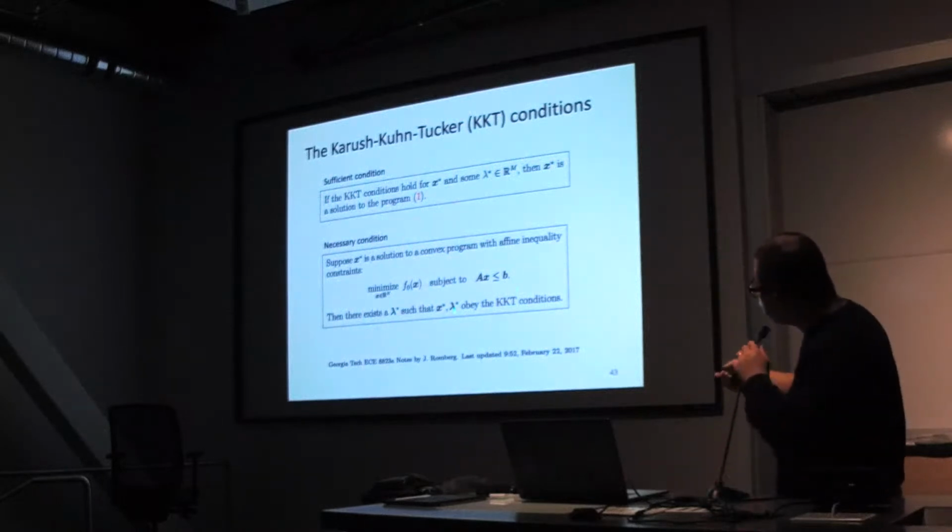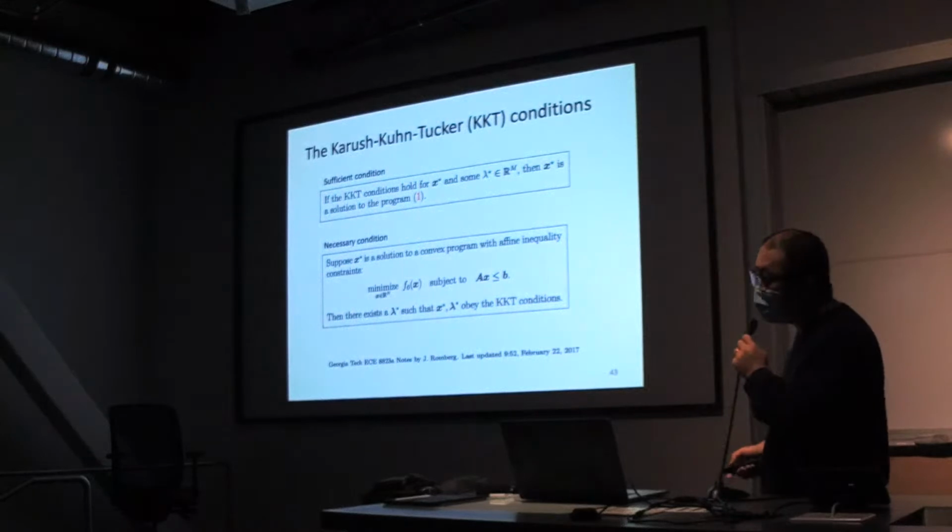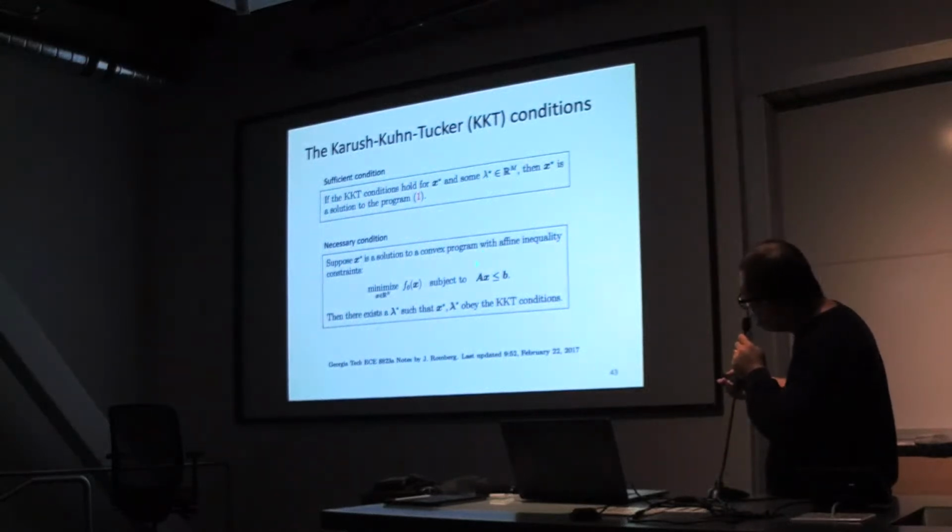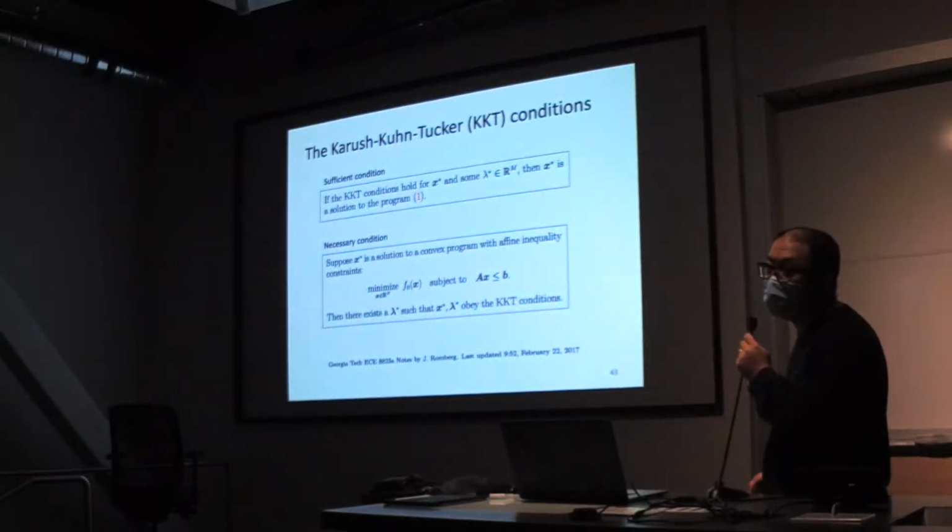If your constraint functions are all linear, meaning that all your constraints can be written as a vector inequality in this form, left-hand side is a constant matrix A times your input variable x, bounded by b.